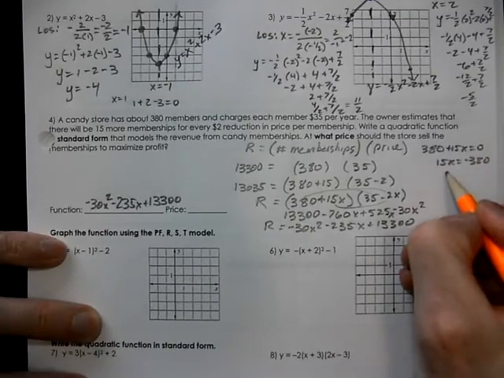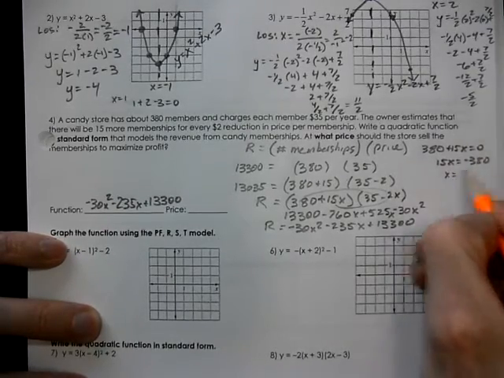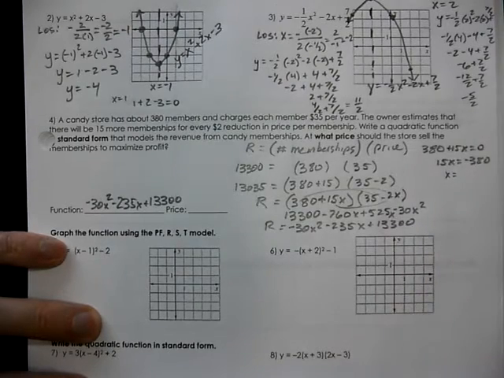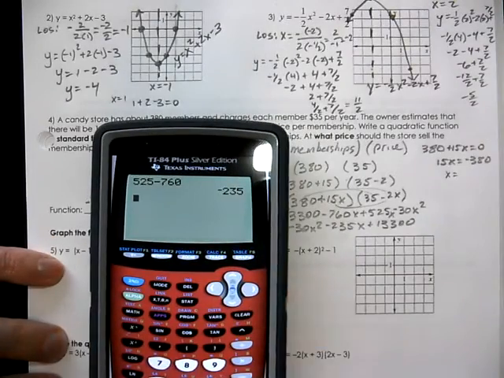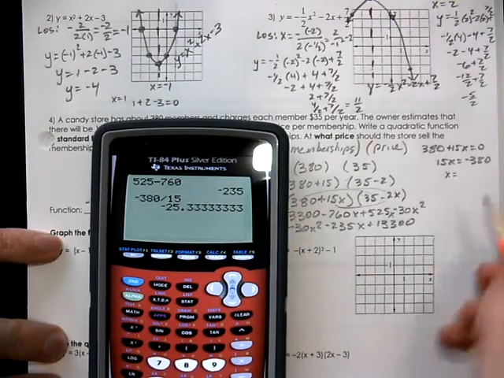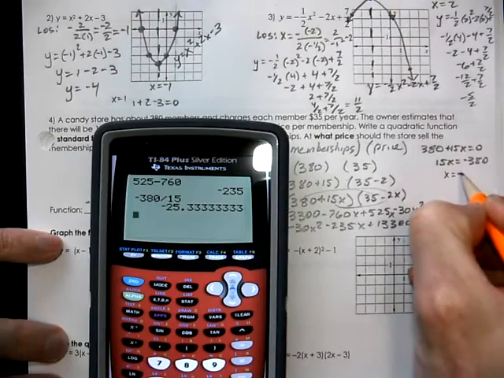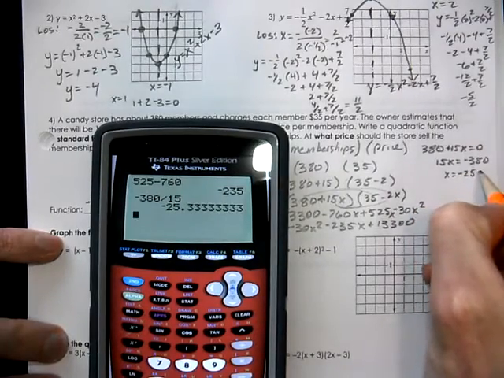Subtract that across. Divide by the 15. So we'll take our negative 380 and divide that by our 15. And that's going to be negative 25 1/3.